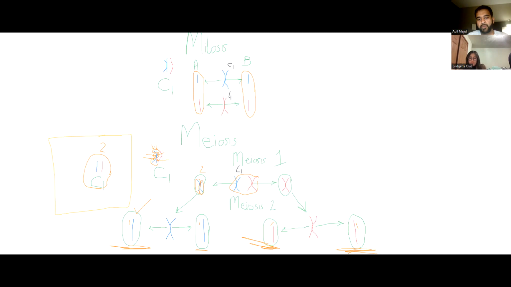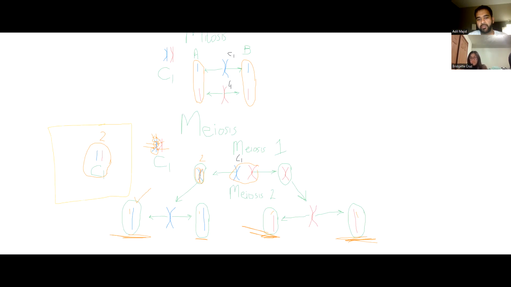But in meiosis one, they separate in such a way that when red is over here, there can never be any red on this side anymore. In chromosome one, the pairs themselves separate from each other. Does that make sense?